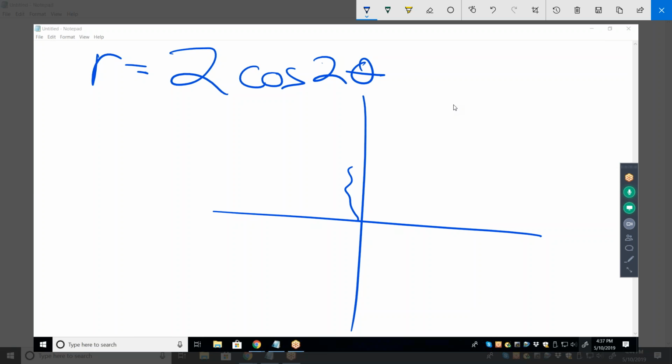It makes a loop there, a loop there, a loop here, a loop there. And I believe you get the 4 petals from the 2 times 2. In other words, if that was 3 cosine of 2 theta, I think you'd have 6 petals.